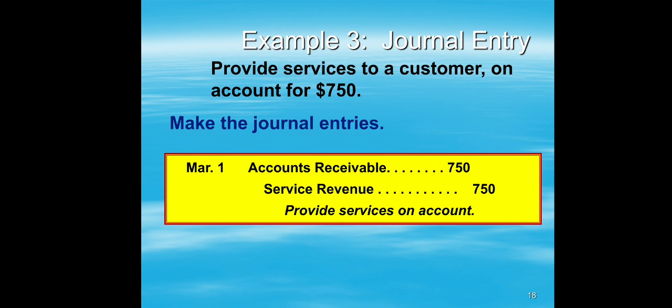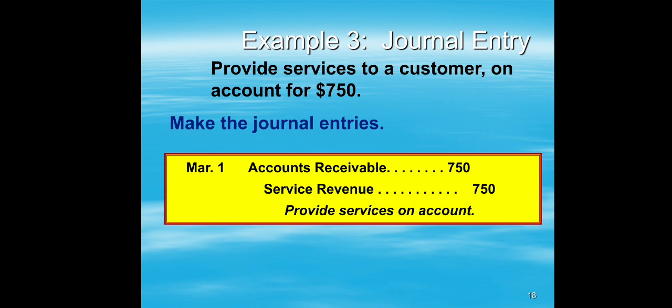The date is March 1st, and the journal entry is debit accounts receivable 750. And when revenue increases, you check the rule of debit and credit. When revenue increases, you have to credit the revenue account. So the second entry here is credit service revenue 750. The type of the transaction is provide services on account.